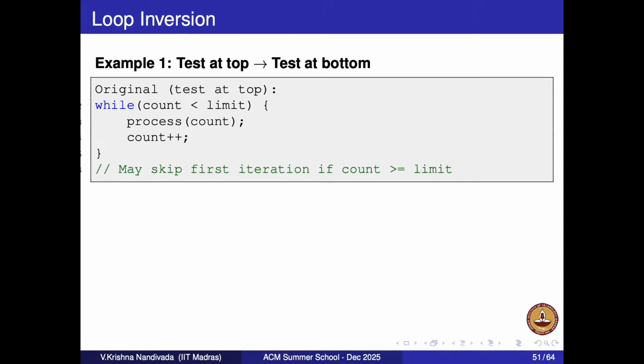Correct. All of us understand the difference between these 3, right? There are 3 types of loops: for loop, while loop, and do while loop.